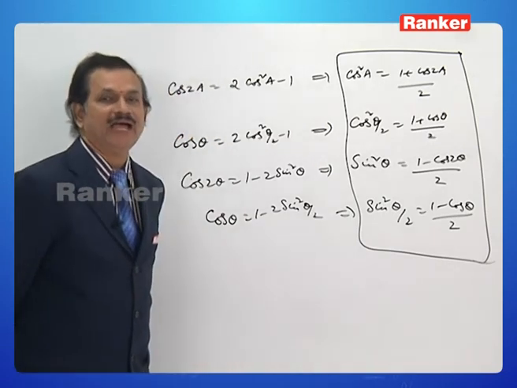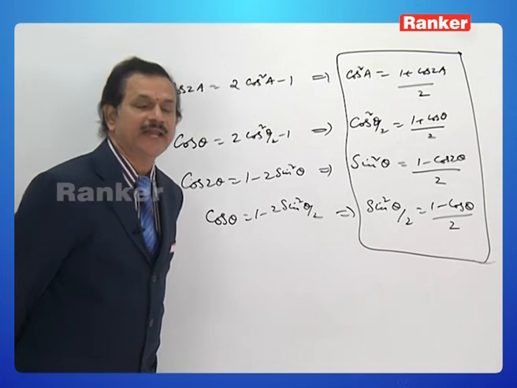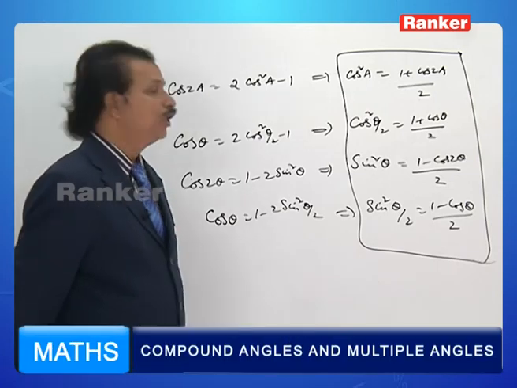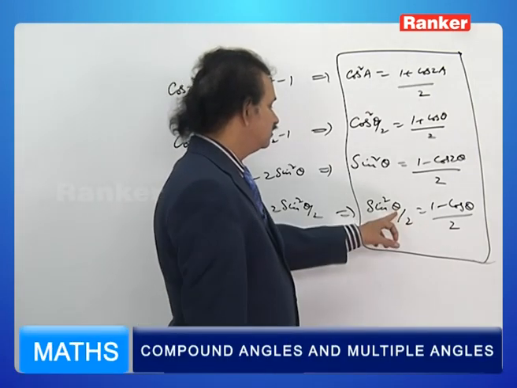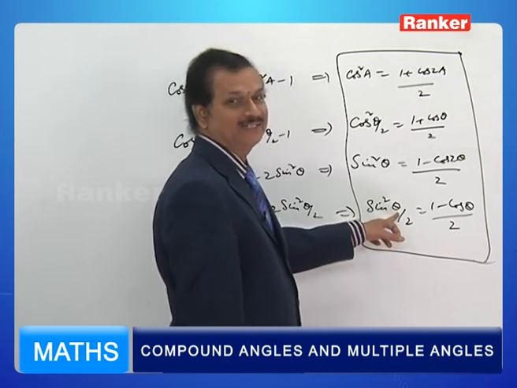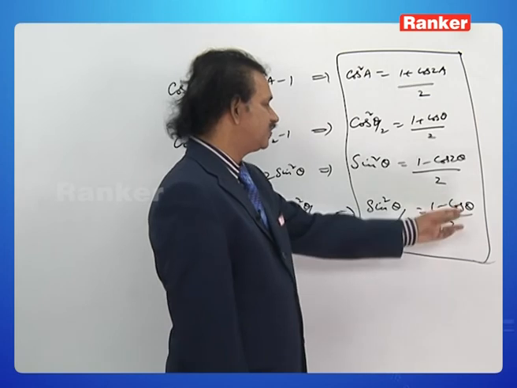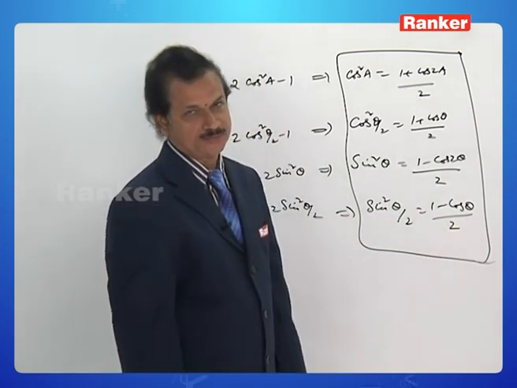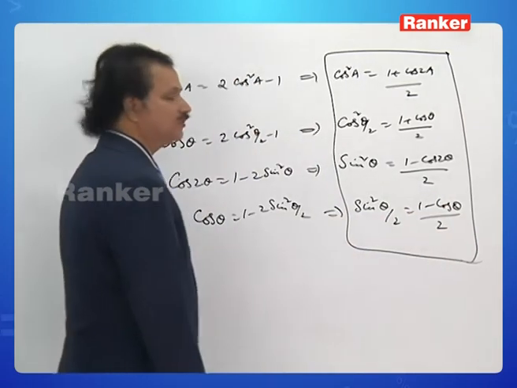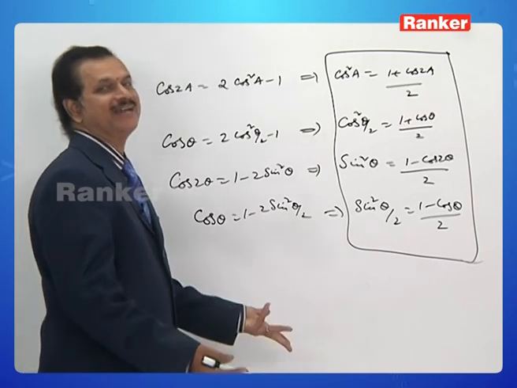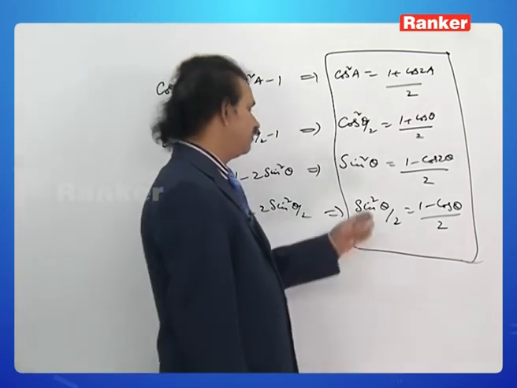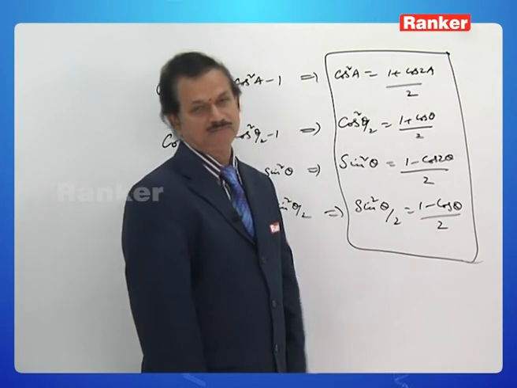Suppose you want to have sine 9 degrees. You place A is equal to 18 here. Sine square 9 degrees is equal to 1 minus cos 18 by 2. You know what is cos 18. Suppose you want to have sine 7.5 degrees. You take theta is equal to 15 here.